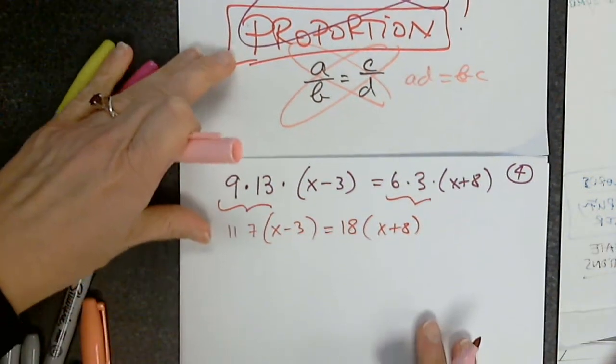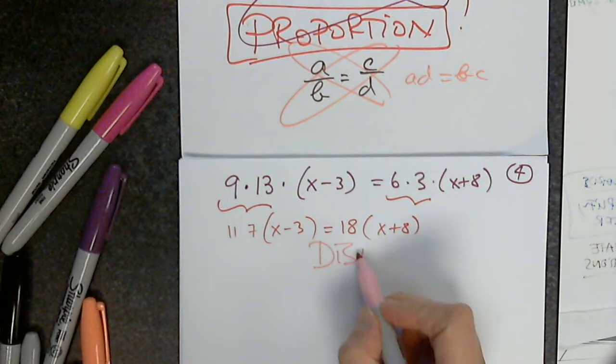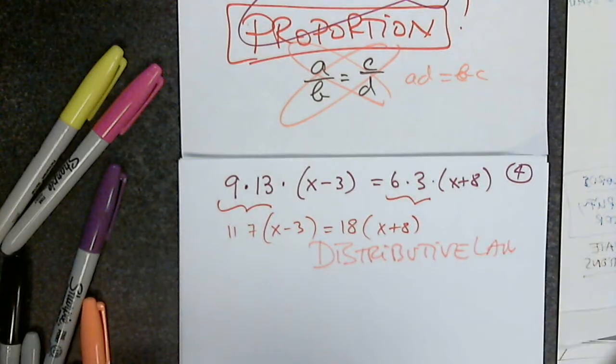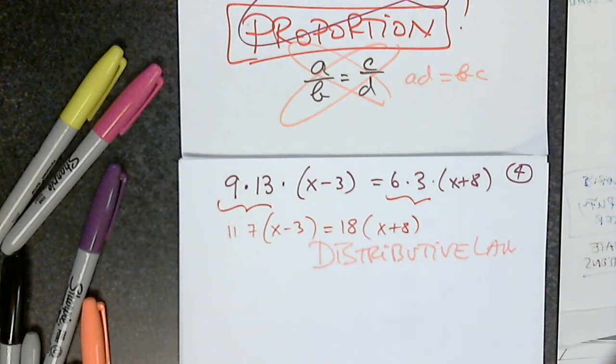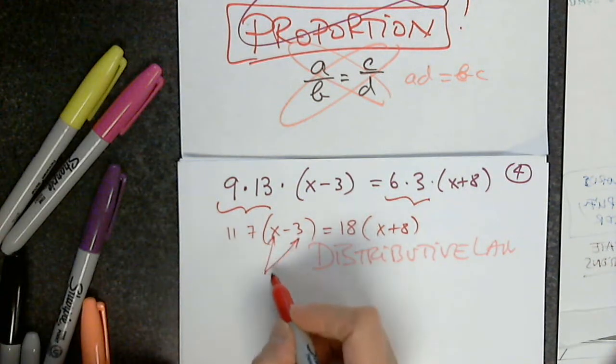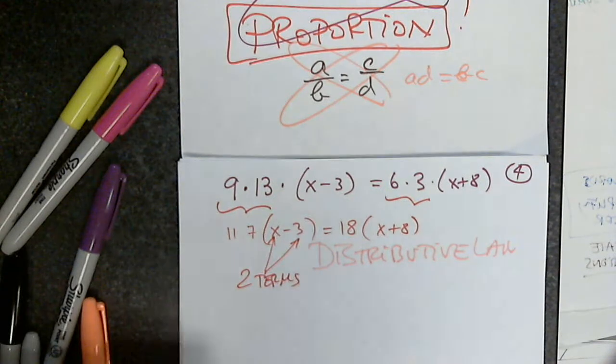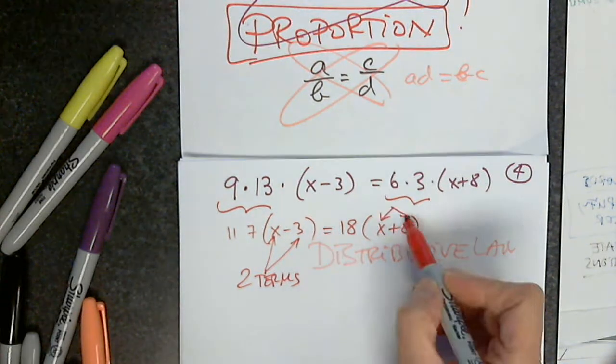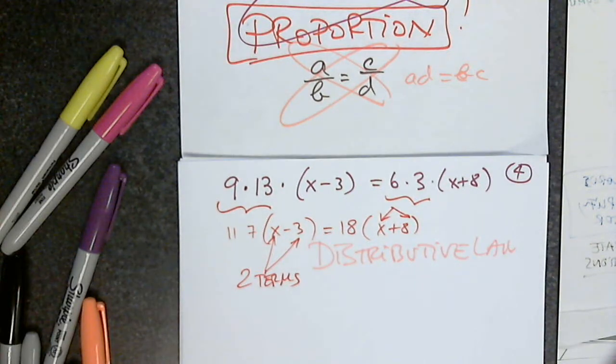We are using what is called the distributive property, or law. What does that mean? It means that whatever is outside the parentheses, we multiply, or distribute, to all terms inside the parentheses. So these are two terms. 117 must be distributed to both terms. Same thing here. These are two terms. 18 must be distributed to both terms.